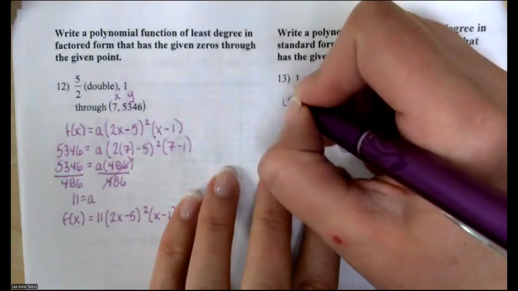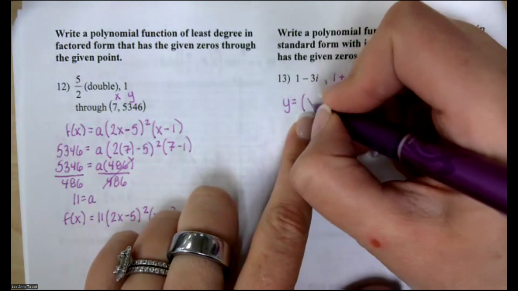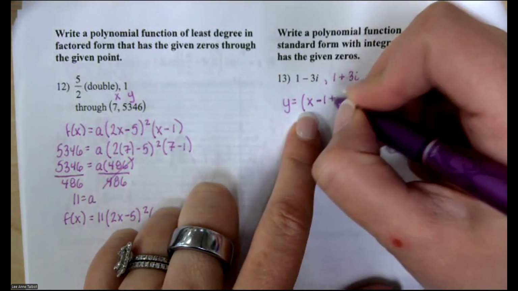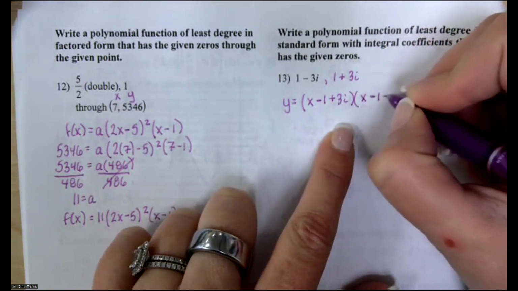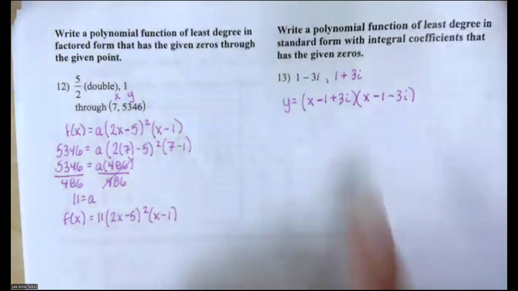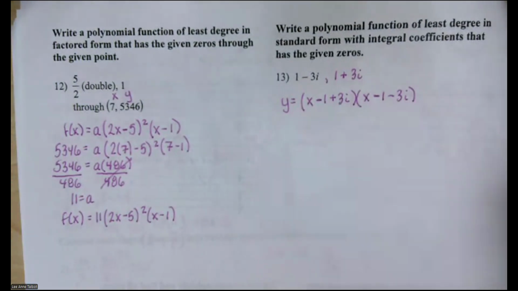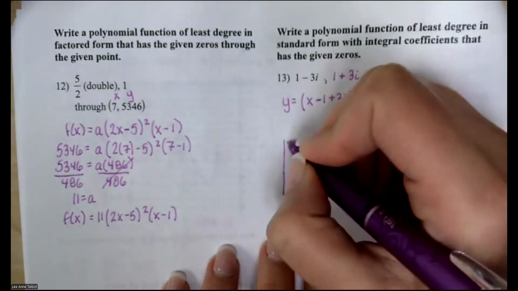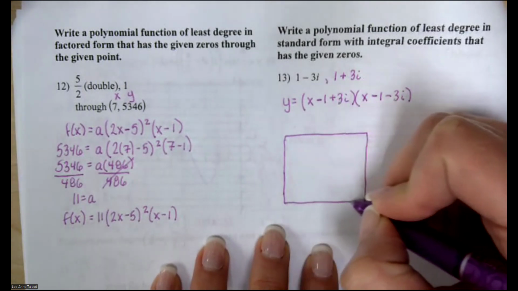No big deal. But when we write the factors, make sure to switch the sign on everything. So x minus 1 plus 3i, x minus 1 minus 3i. Don't just switch the signs on the 3i's. You have to switch the signs on everything. Okay, this is a 3 by 3, but they're conjugates, so we don't have to do the whole thing.